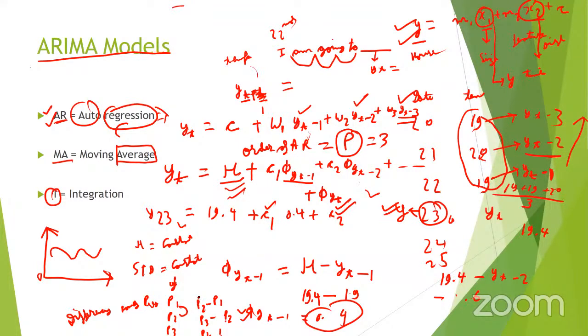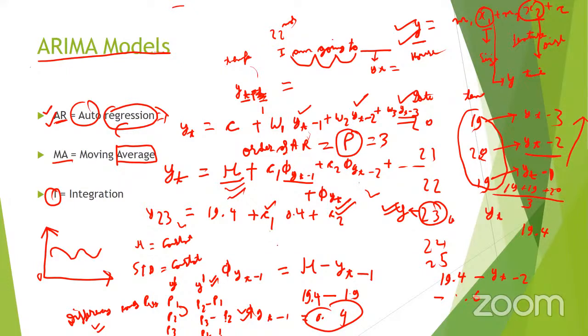This first differencing of the data, let's represent it by Y dash, and I will see if this data Y dash is stationary or not. There are high chances that your Y dash sometimes comes stationary, but there is no surety. There can be chances that your Y dash is also not stationary.